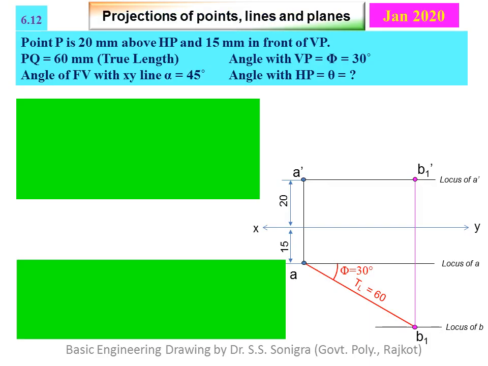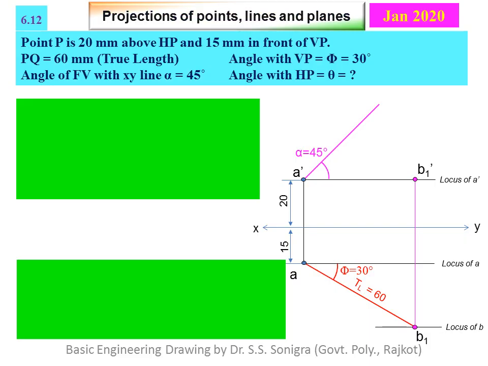Then here angle of front view with XY line is given, that is alpha is 45 degree. So from point A dash draw a line at an angle of 45 degree, that is given in this data. So B dash point will be on this line, which is drawn at an angle of 45 degree, and A dash B1 dash is equal to A dash B dash.